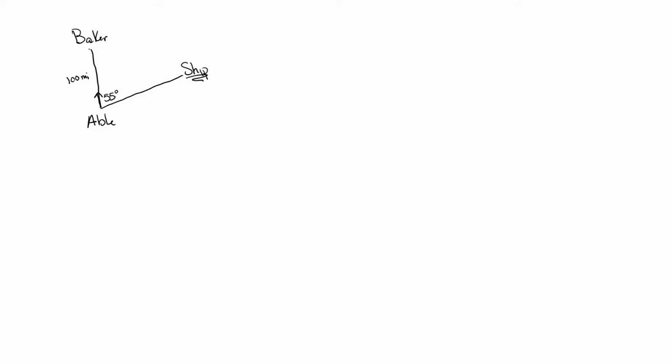And from Baker, they said go south 60 degrees to the east. And they want to know how far is each one from the ship. How far is Able and how far is Baker from the ship? Okay, do you see it?